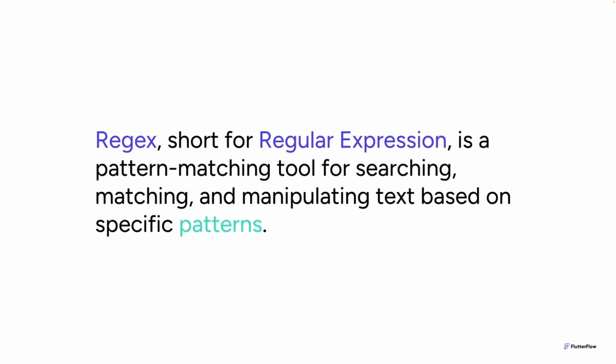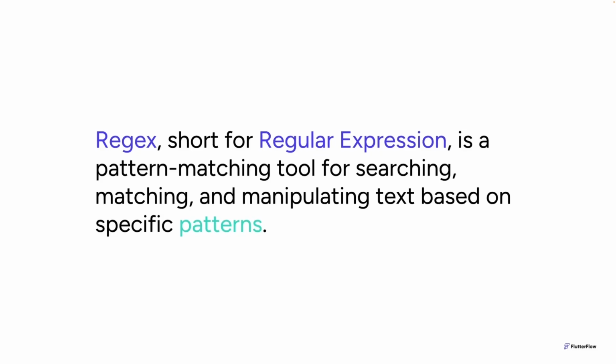Regex, short for regular expression, is a pattern matching tool for searching, matching, and manipulating text based on specific patterns. In the context of form validation, regex allows you to enforce rules on what type of input is acceptable.